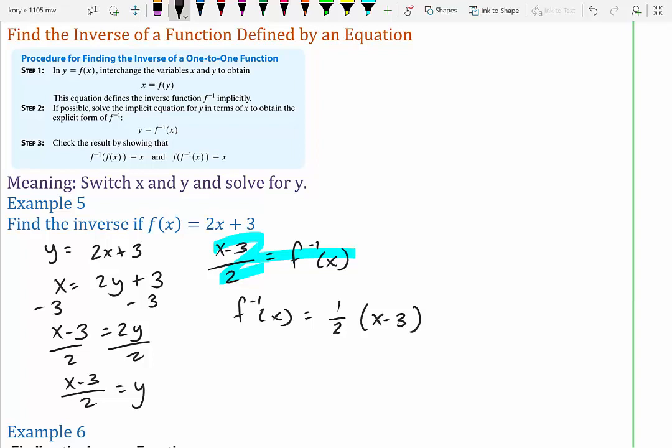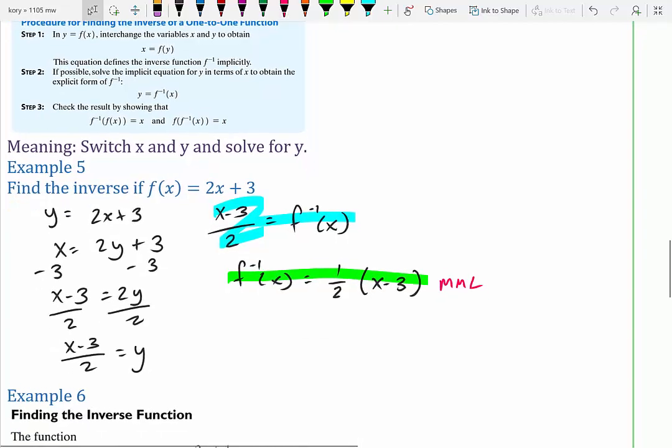My math lab is going to want that one. Yeah, so on my math lab, make sure if it's under 2 or over 2 or over 3, you just put a 1 in whatever the denominator is and bring it out. So that's just finding the inverse.